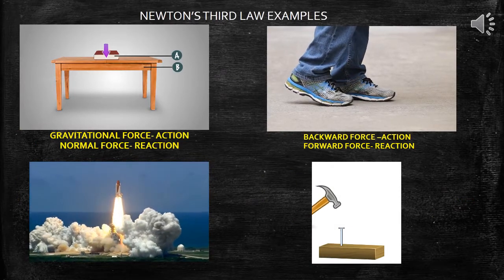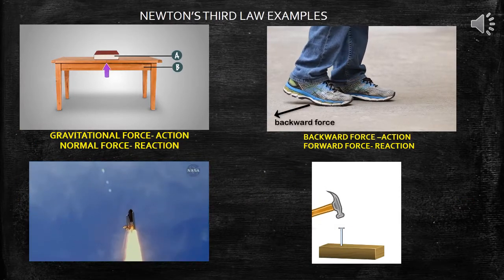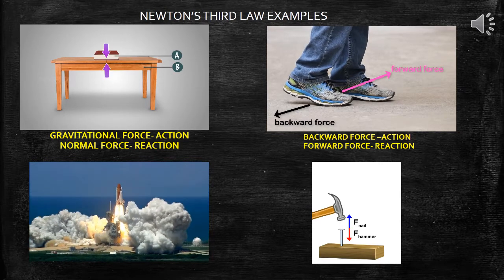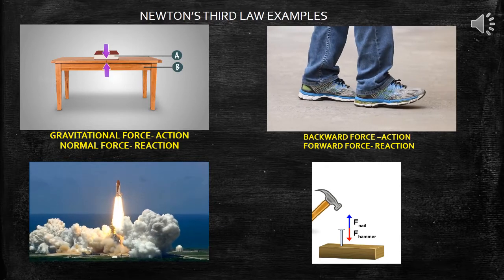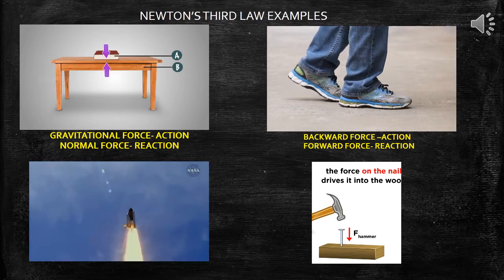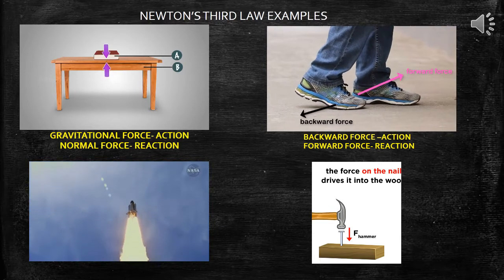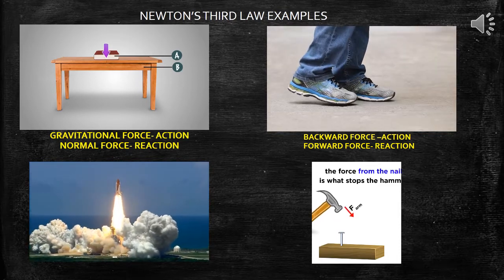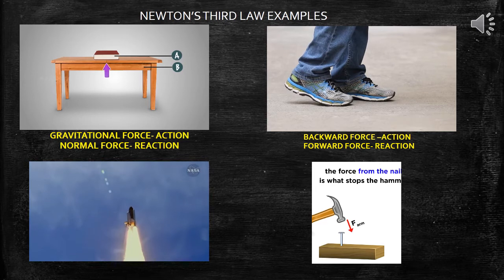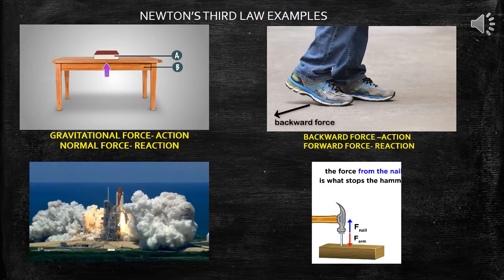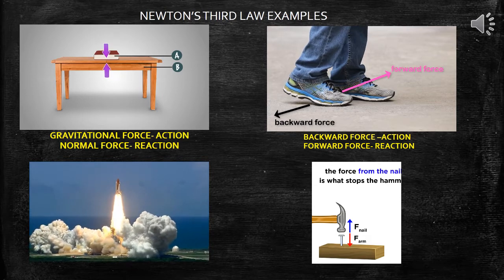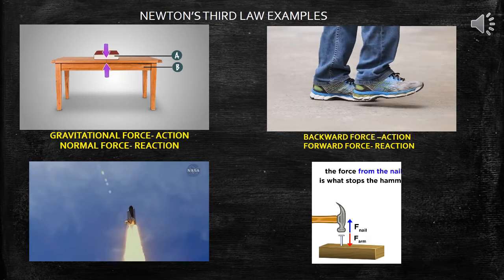Here four examples are shown to understand Newton's third law. In the first example, a book is placed on the table. The book is attracted by gravity, so the book exerts a force on the table. That can be taken as action. The table also applies an equal and opposite force on the book. That is a normal force, which acts in the upward direction.